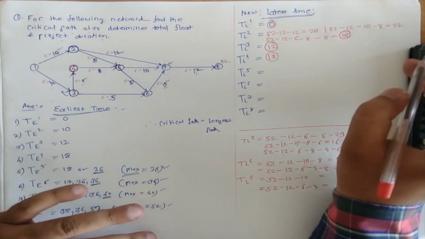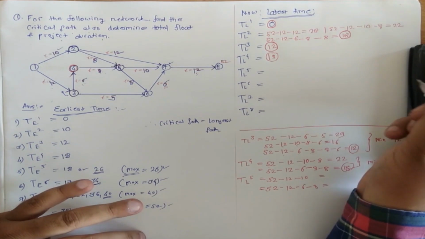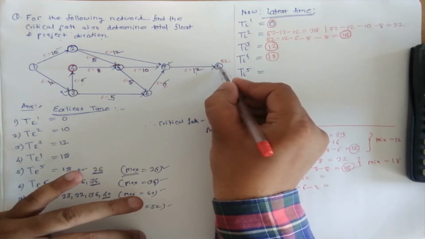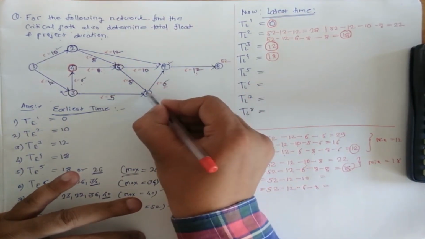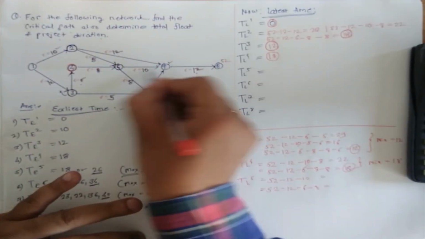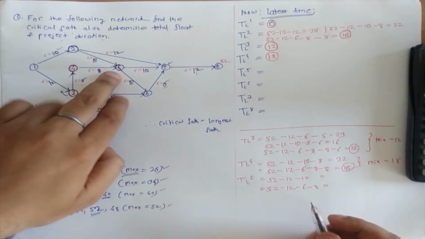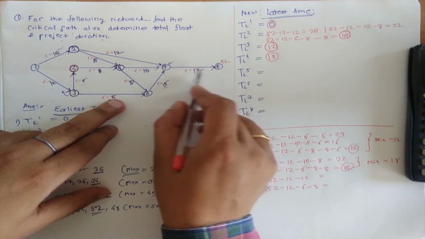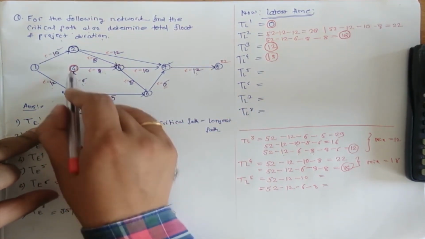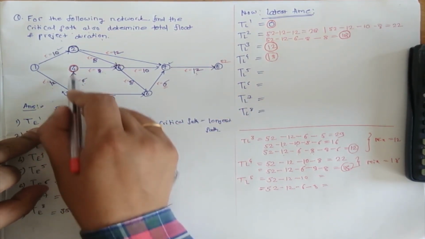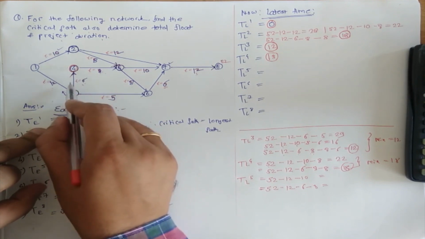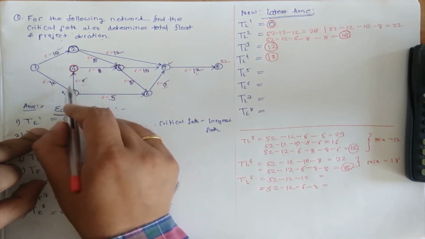Okay, once again I repeat, you have to go opposite to the direction of the arrow. You are not supposed to go with the direction like this. If you are following the direction given by the arrow while calculating latest time, then you are wrong.